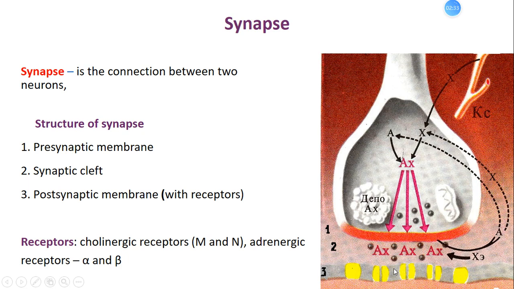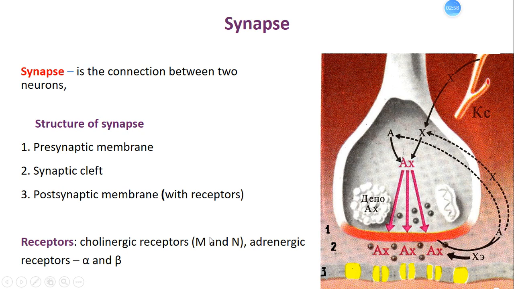and we have different types of receptors, and here we mainly introduce two receptors. One is cholinergic receptors, which bind with acetylcholine, and we have adrenergic receptors, which bind with adrenaline and noradrenaline.